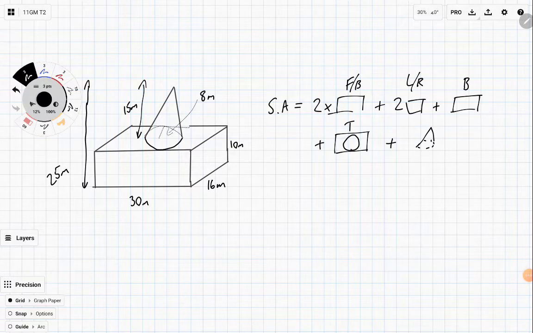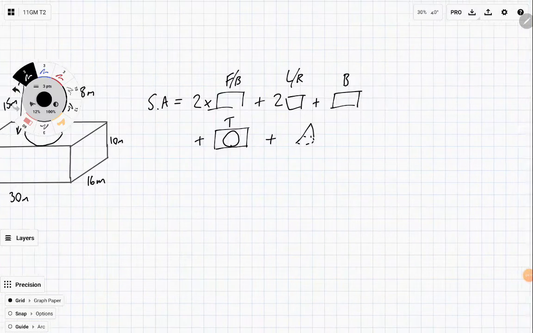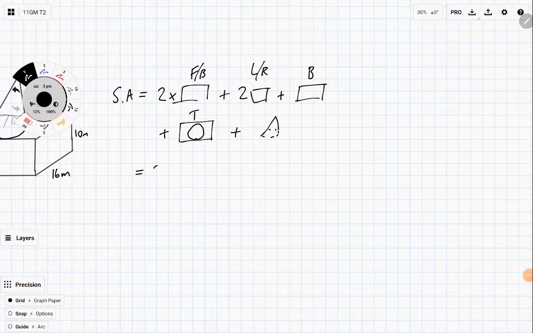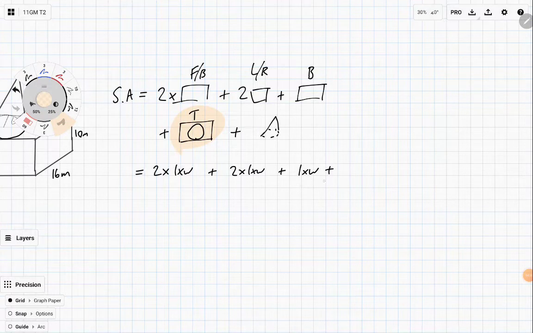Alrighty, so now we're nearly ready to go. Let's jump into the formula section. We get 2 times length times width, that's for the front and the back, plus 2 times length times width for the left and right, plus length times width for the bottom. Now the next one's the interesting one. What am I going to write for this formula here, for this bizarre looking shape?